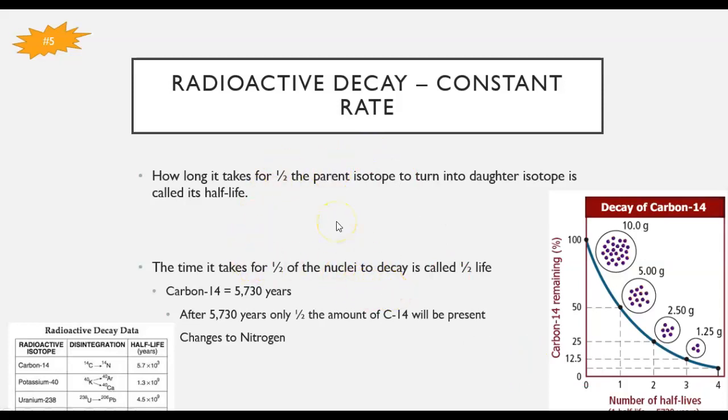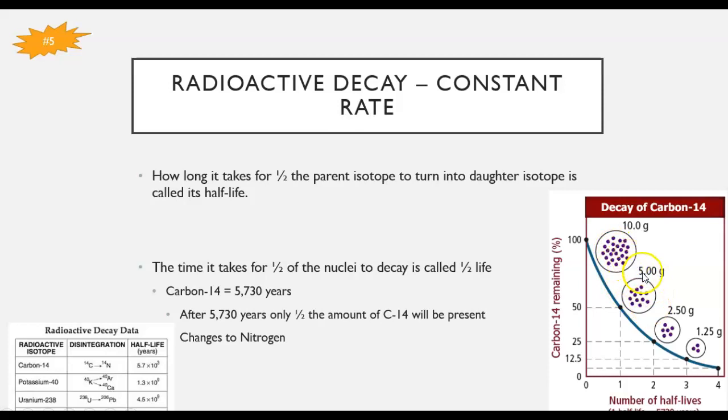And we call this breakdown from the parent isotope to the daughter isotope half-life. So when 1/2 of an element becomes something else, so if I start with carbon-14 and it slowly breaks down to nitrogen, when it reaches half of the amount it started with, so if it started with 10 grams of carbon-14, when it reaches 5 grams, that's considered 1 half-life.